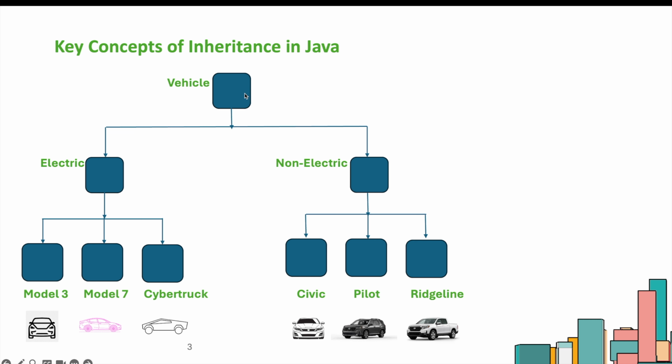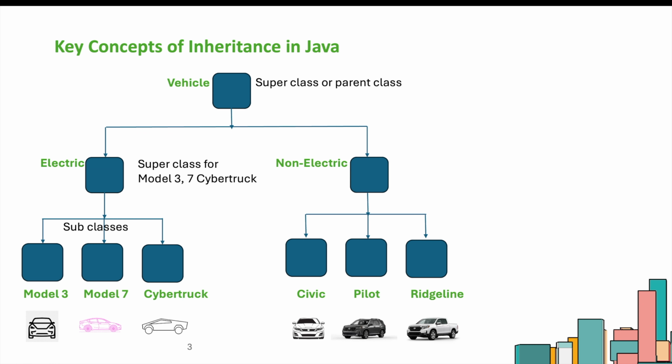If you look at it, Vehicle is the superclass, and Electric and Non-electric are subclasses of the superclass. In this UML diagram, Vehicle can be called the superclass or parent class for the Electric and Non-electric subclasses.